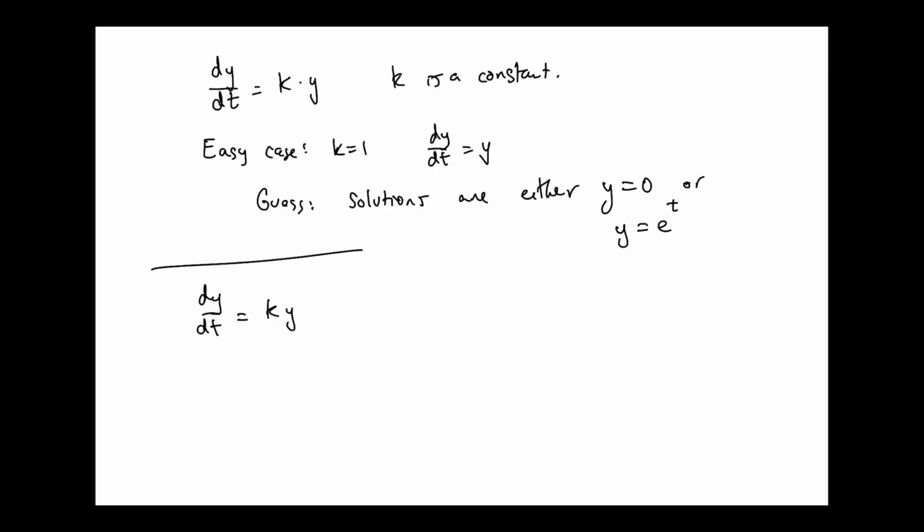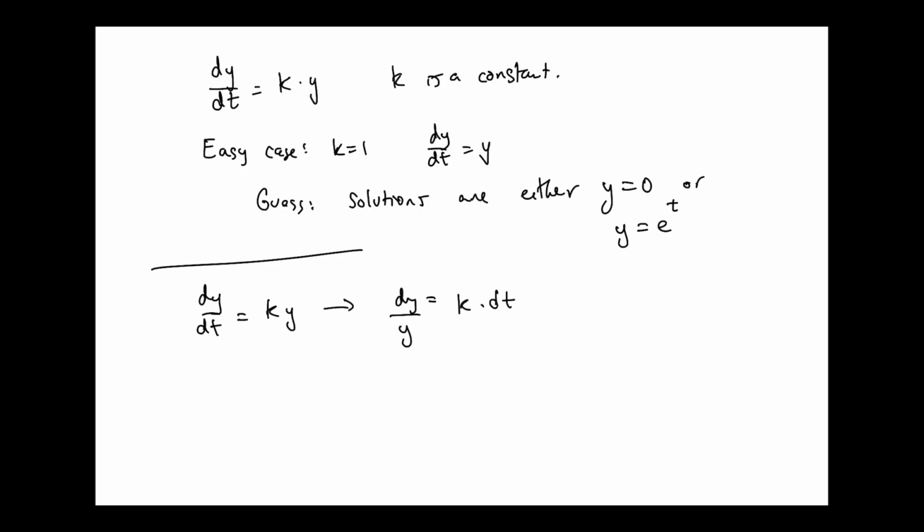What did we do with the easy example last time? I pretended that dy/dt was a fraction, and I sort of cross-multiplied. So could I get everything that involves either y or dy on one side, and everything that involves t or any constants on the other? Yeah? Okay, so I could do that by writing dy over y equals k times dt.